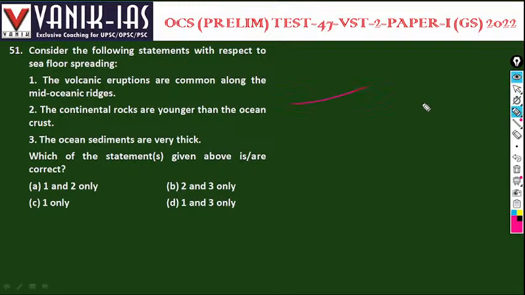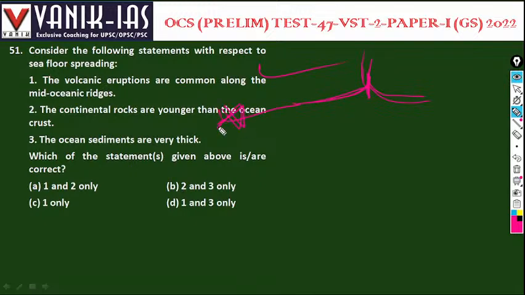When two plates converge, it becomes like this. So there is a clash, so volcanic eruptions are common. This is right. Continental rocks are younger than oceanic crust? Yes, oceanic crust is the older. So no, this is wrong.